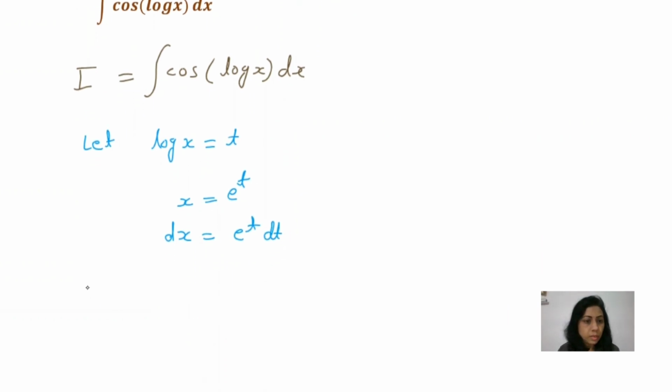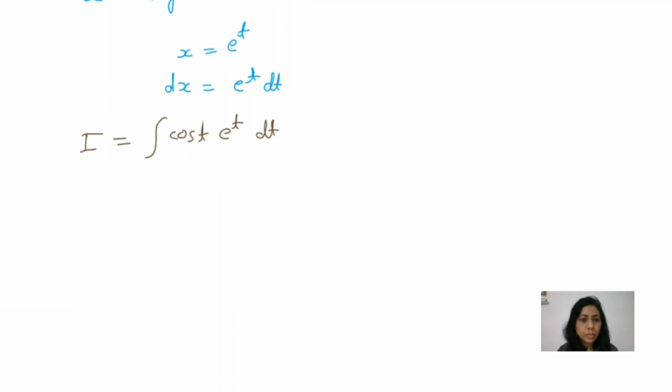So I is equal to integration cos, and log x we can write t, and what is dx? Dx is e to the power t dt. So the x function is converted into a t function.